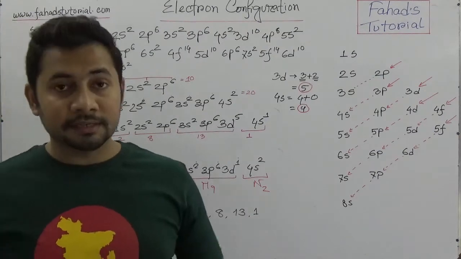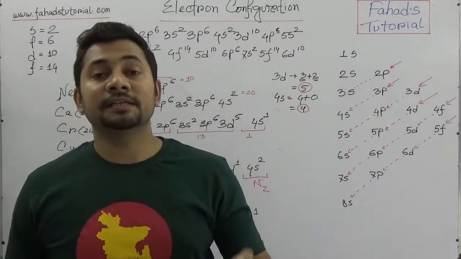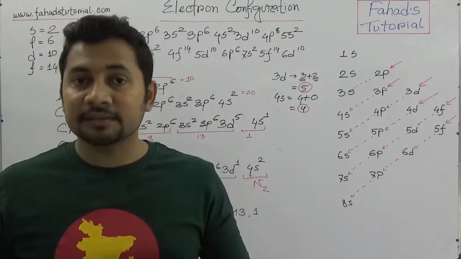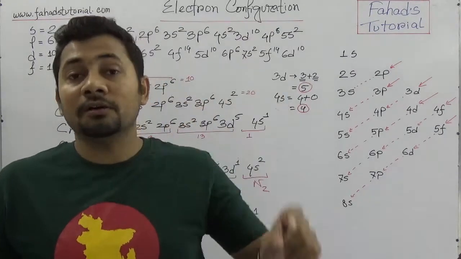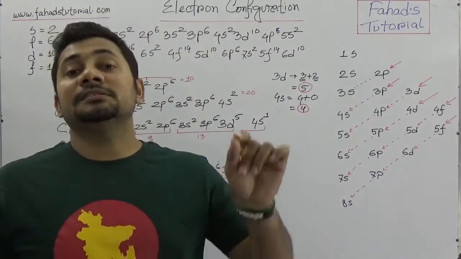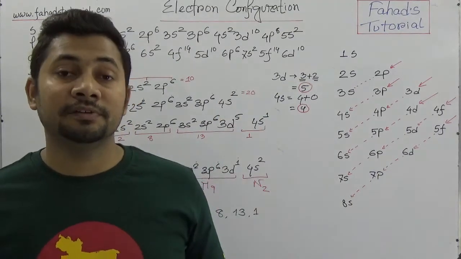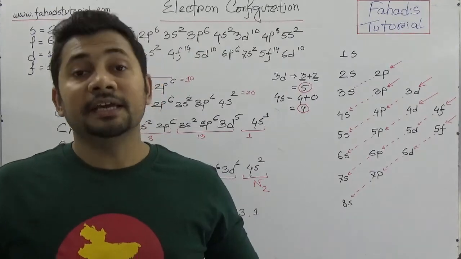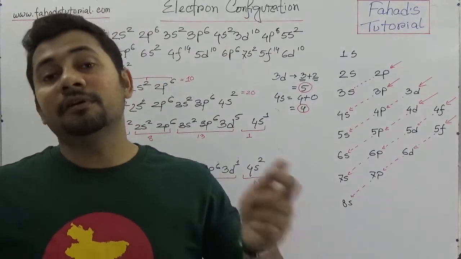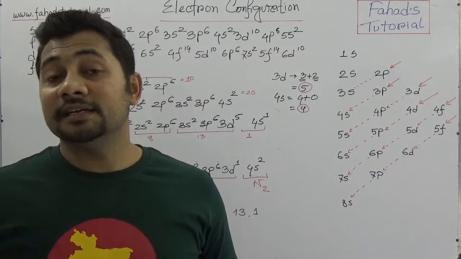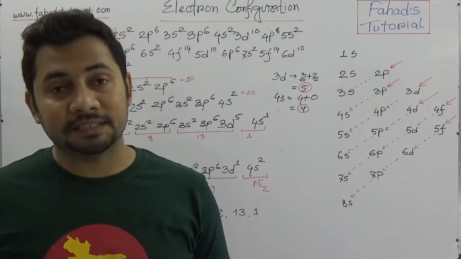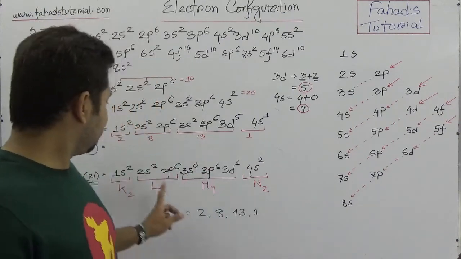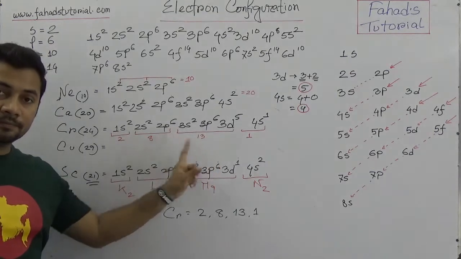And most importantly, the next class will follow on how we can understand in which row and column the elements are supposed to be based on electron configurations. We can also find the positions of elements in the periodic table from their electron configurations, and that is also very important and very basic in chemistry. So I hope you understand this one.